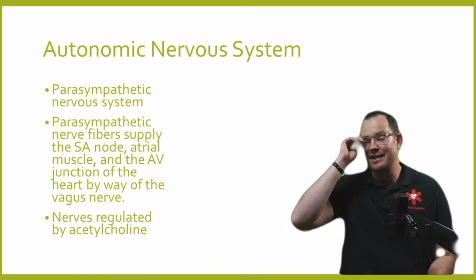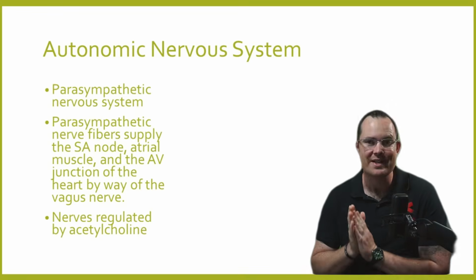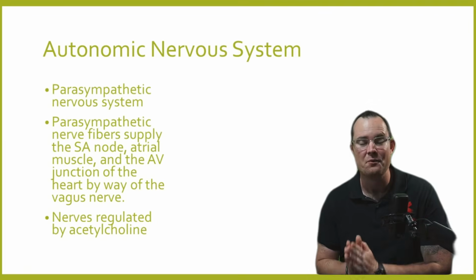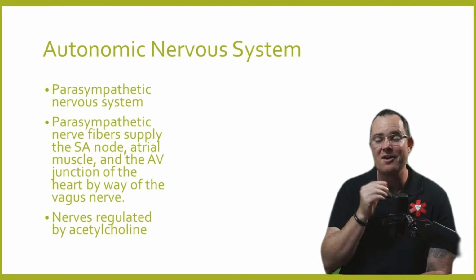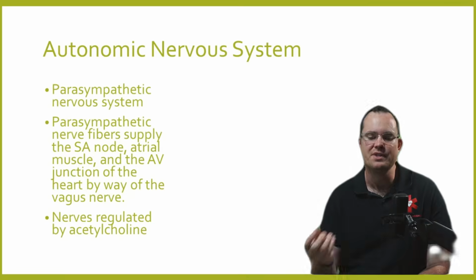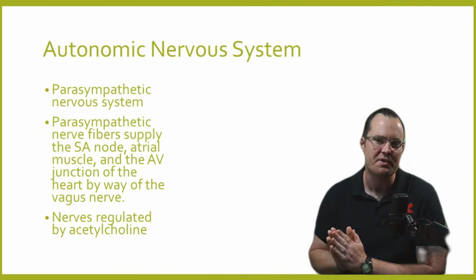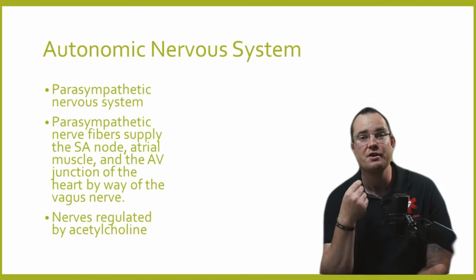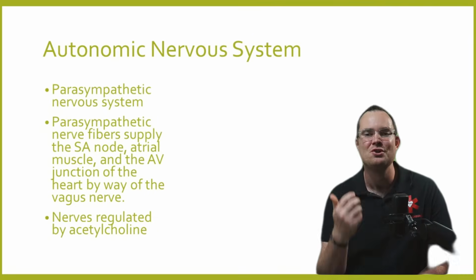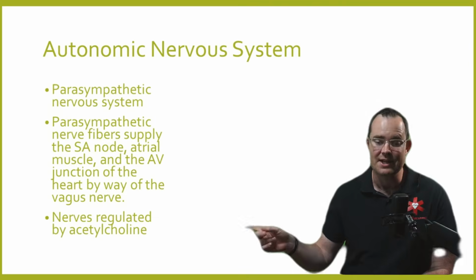Jumping into the parasympathetic. If I told you that the sympathetic nervous system increases contractility and increases the heart rate, and then I said that there's a parasympathetic nervous system that does the opposite, obviously this is going to slow down the rate. Now there's a neurotransmitter that was used for the sympathetic nervous system. You need to know that the neurotransmitter utilized in the parasympathetic nervous system is acetylcholine.